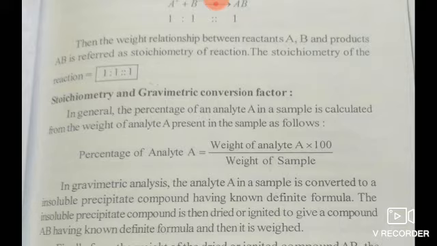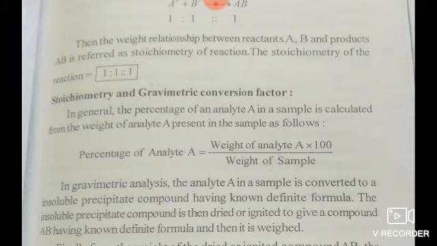So this is nothing but stoichiometry. Stoichiometry gives the relationship between the weight of the reactant and the product. This branch, which deals with the study of the relationship between the weight of reactant and product, is known as stoichiometry.